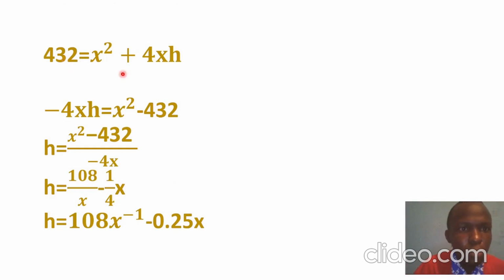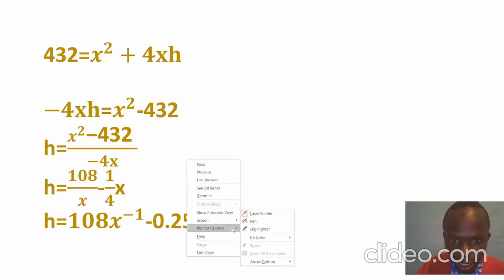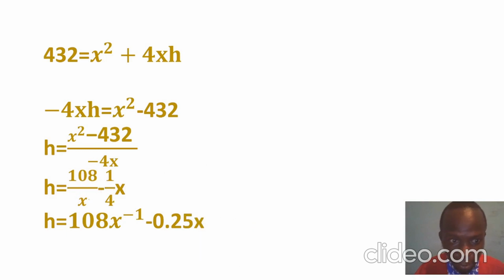From doing the manipulations there, take this to the other side, and then you take further to the other side, you divide by minus 4x, you come up with this: h is equal to 108 over x minus a quarter x. Now from the indices, maybe we can revise a little bit of indices. 108 over x is the same as 108x to the power minus 1.